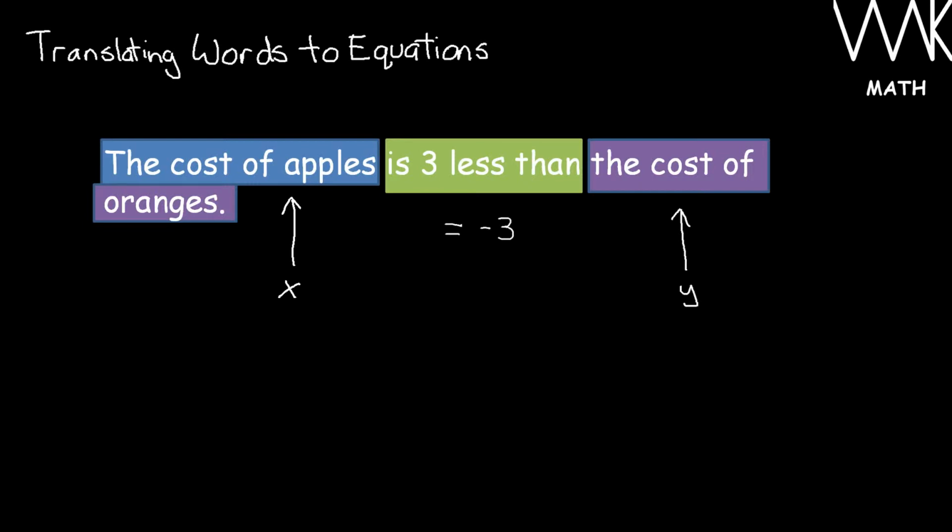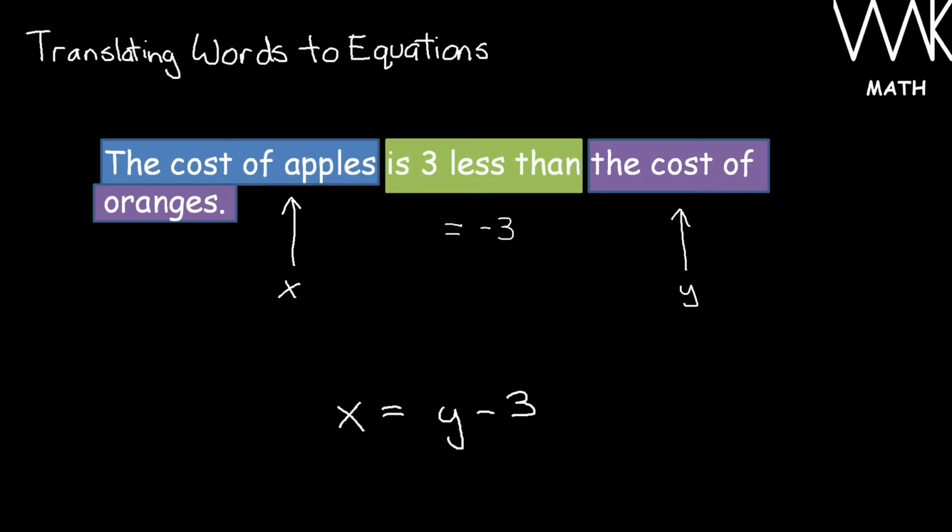Then we combine all of our words into some sort of statement. Notice that we have minus 3 and then we have Y. Whenever you're separated by these, you can assume that there's an addition. So we have plus Y. Now this comes to the conclusion of our statement: X equals Y minus 3.